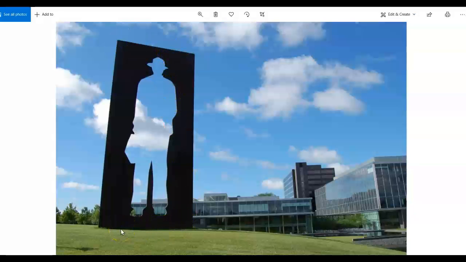And I think this is by Jonathan Borofsky, and his subject matter is often seen as kind of the everyday man. So there he is trudging off to work. He's got his hat on, he's got his suit on, he's got his briefcase there.